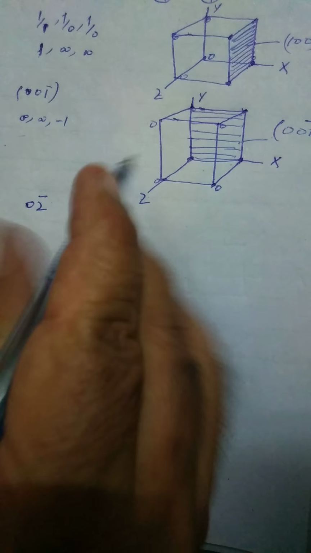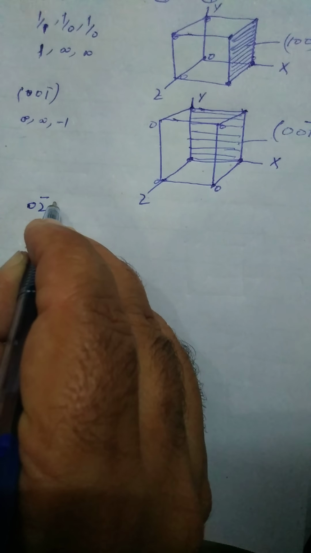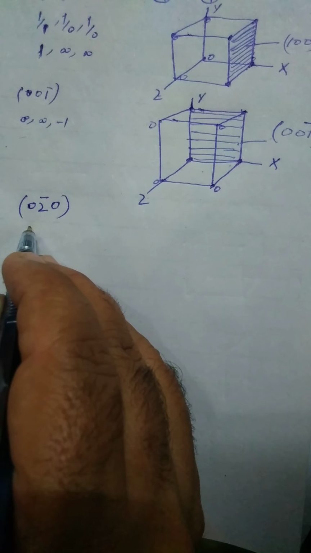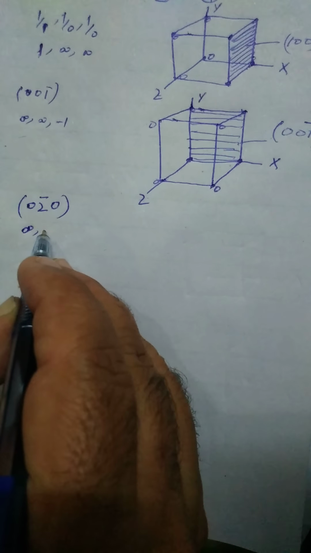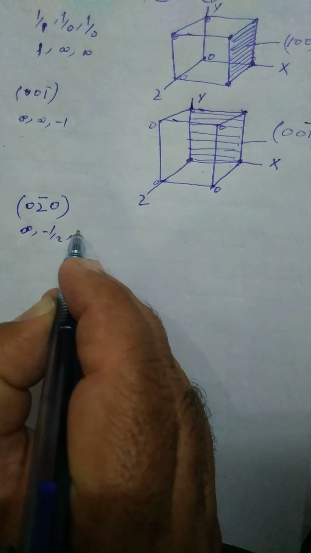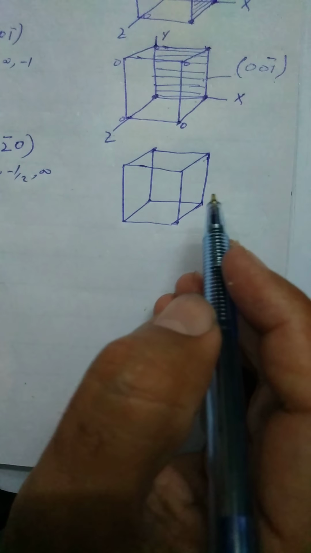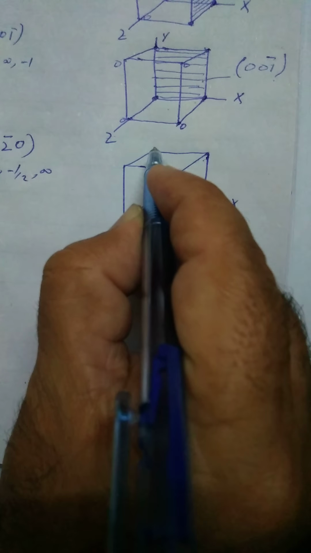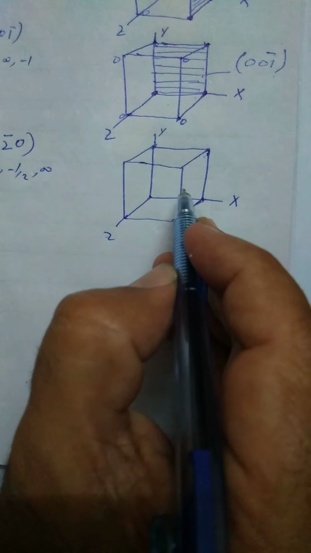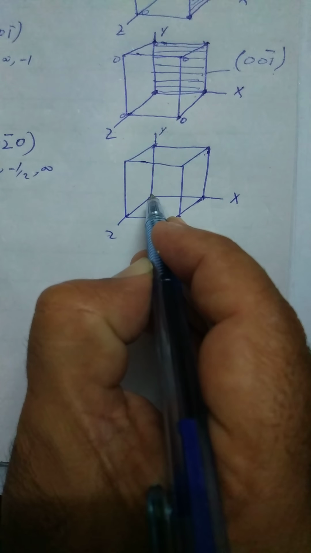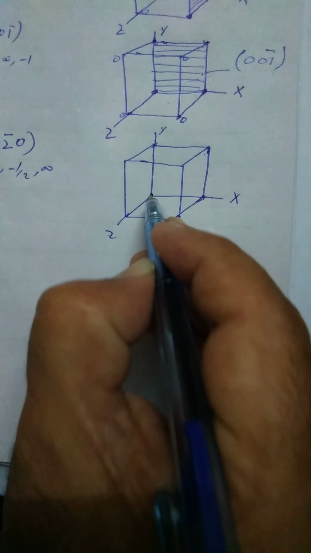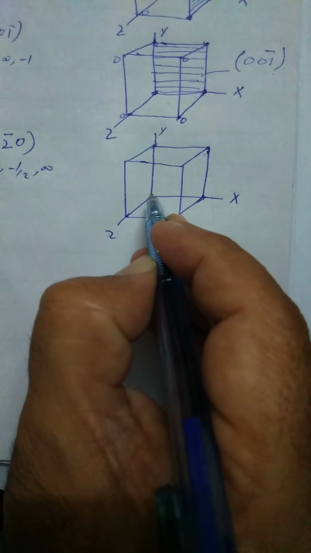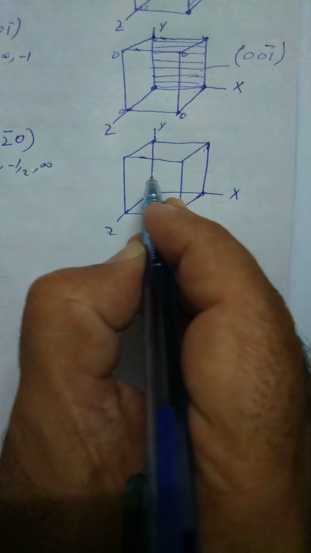If we have it in such a way, let's suppose this, then the intercepts will be infinity, minus 1 by 2, infinity. Specify the x, y, z. All these lines are parallel to the y-axis, and this plane is actually parallel to the x and z axes.